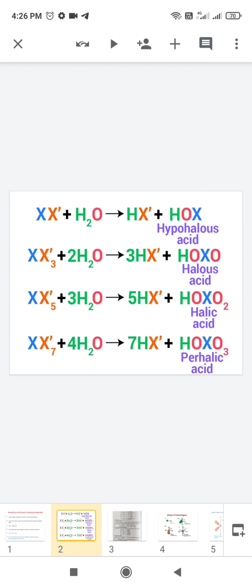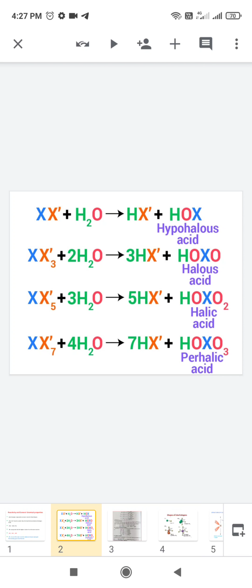And the next type, that is XX'3, reacts with water to form hydrogen halide. As we discussed earlier, the most electronegative atom reacts with hydrogen to form 3HX' plus halous acid HOXO.